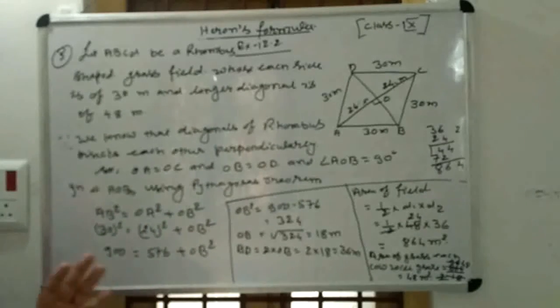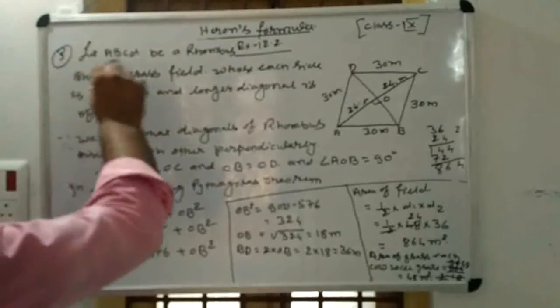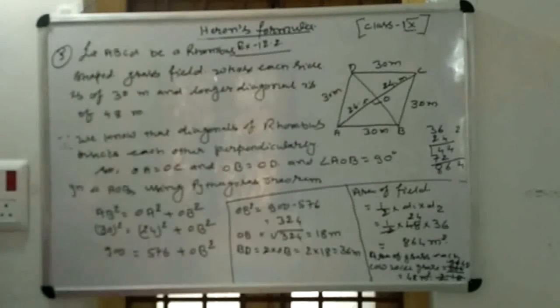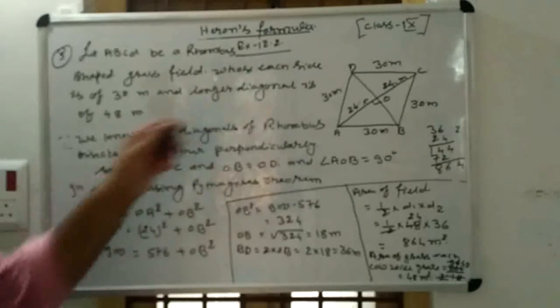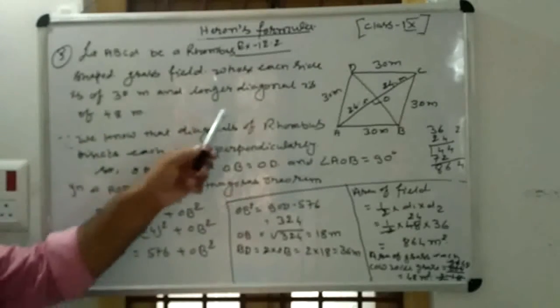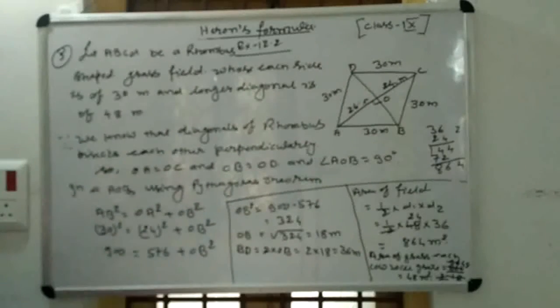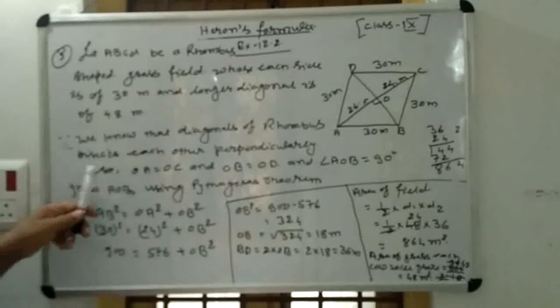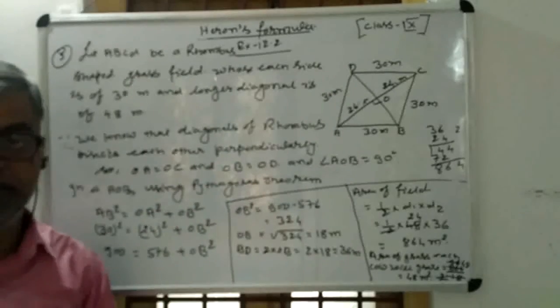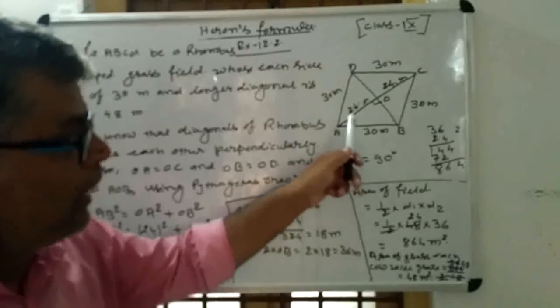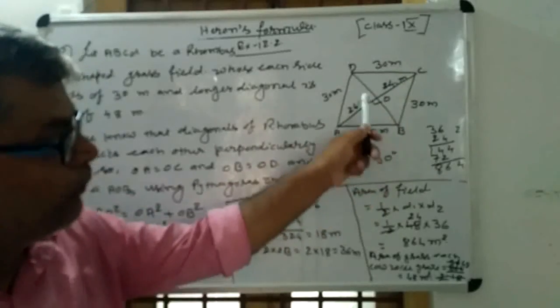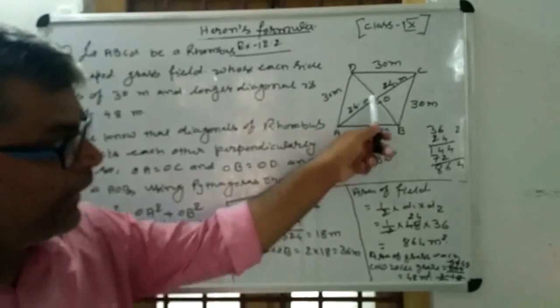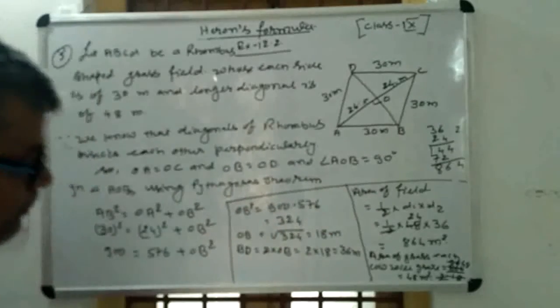First we apply the property of rhombus: diagonals of a rhombus bisect each other perpendicularly. It means OA equals OC, OB equals OD, and angle AOB is 90 degrees.